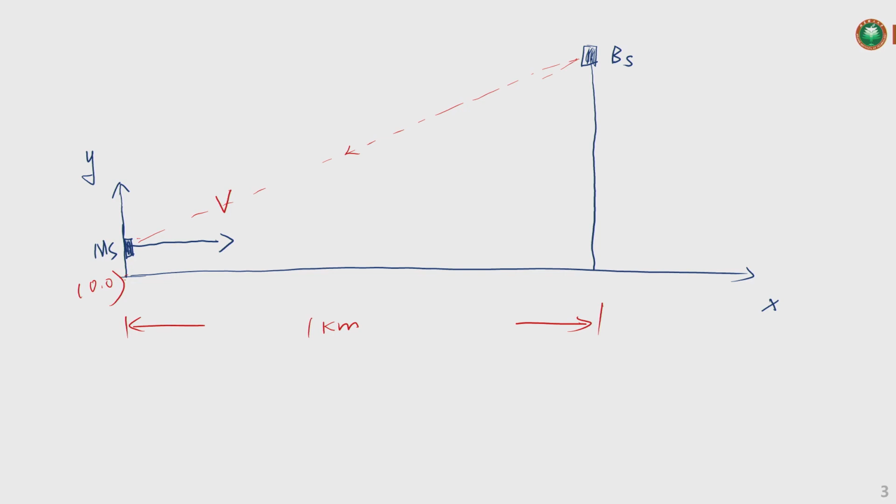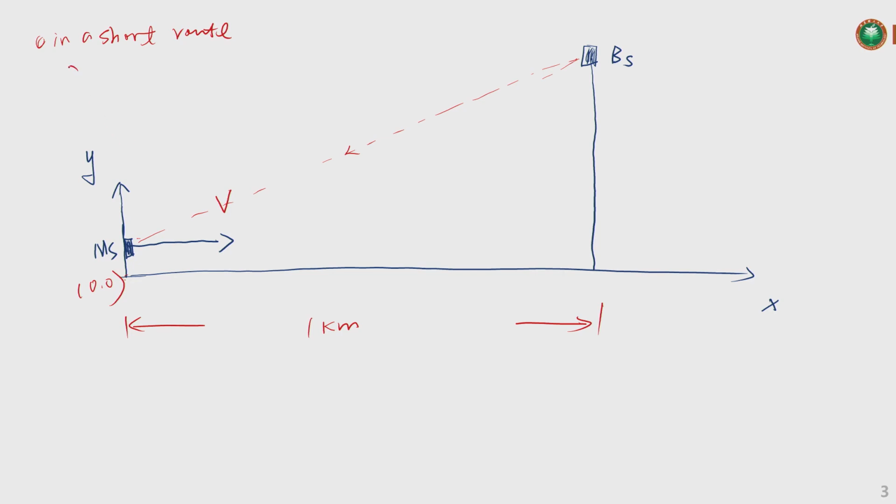Another thing we need to consider is that when the mobile user moves in a short route, we assume the amplitude of the signal it received is identical.